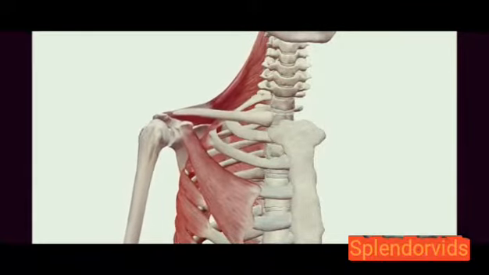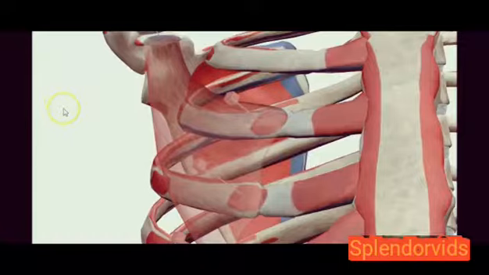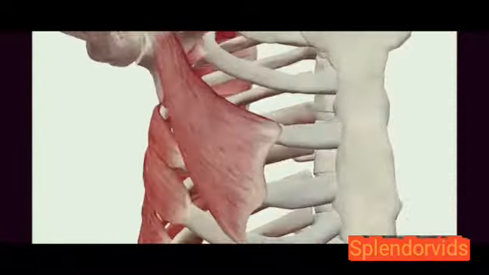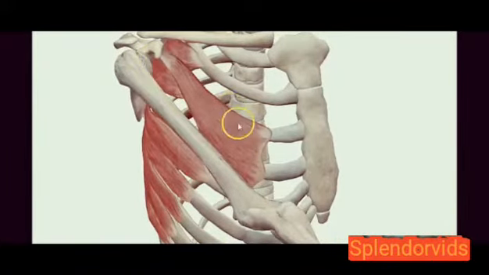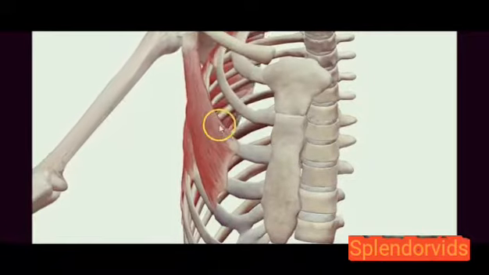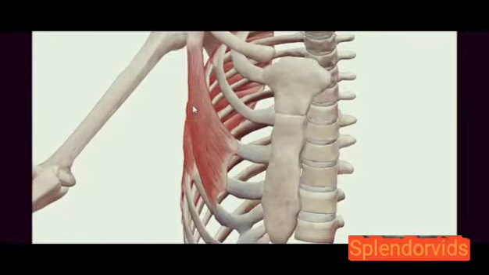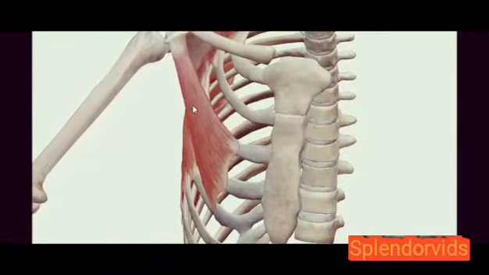And also there is protraction of the scapula, but we will see this in this another animation. If you see, this is forward movement of the scapula, which is called protraction of the scapula.